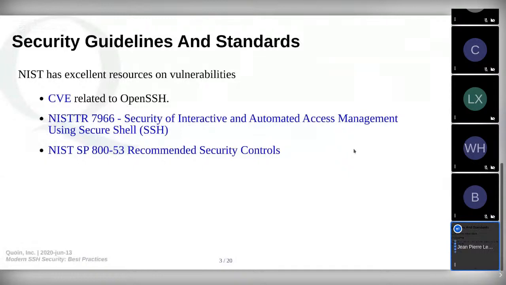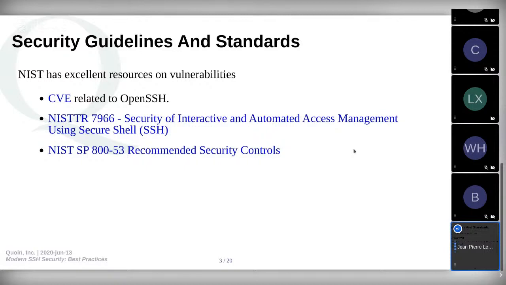So probably the first thing to think about when you're setting up an SSH installation, and I would emphasize you need to think about this both on the client and server side. You can expose yourself to a lot of bad guys just using SSH as a client, not only on the server.